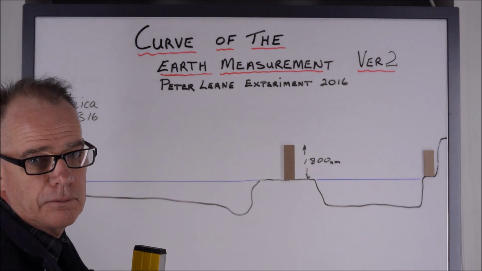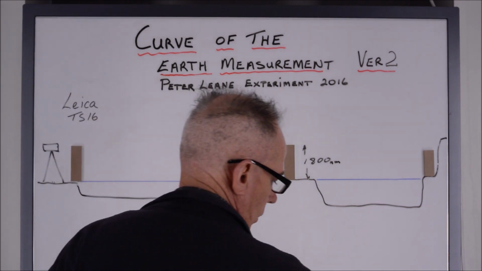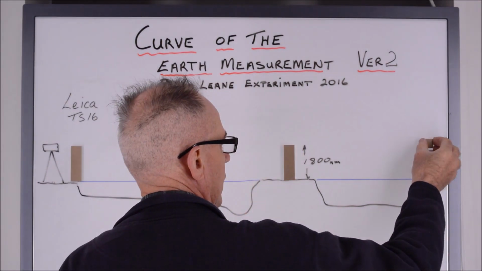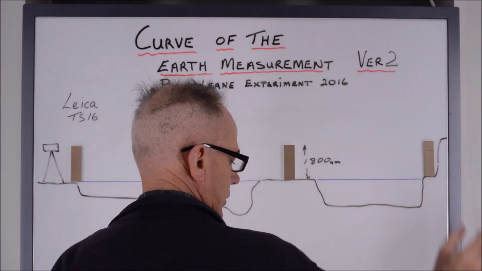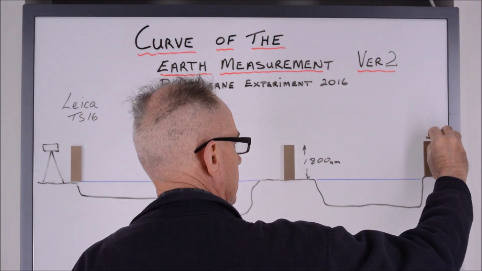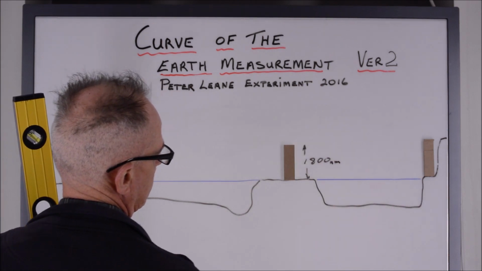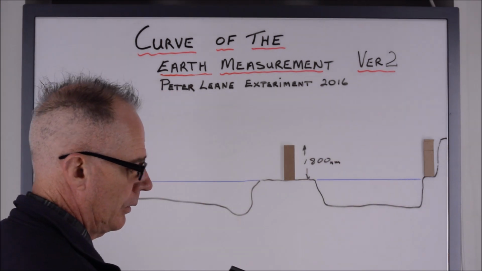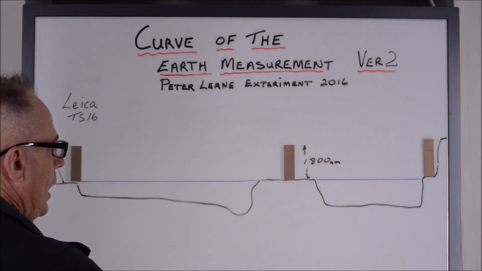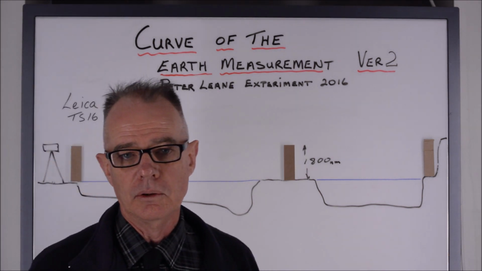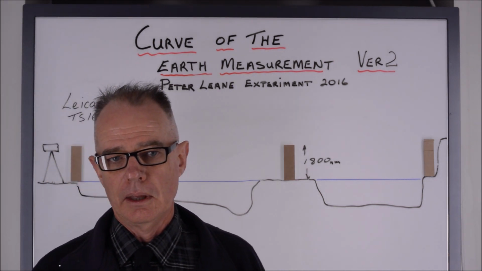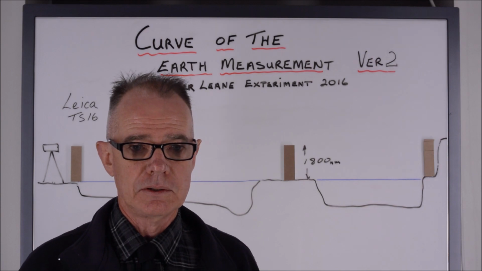If the Earth is convex, we will have to add 50 millimetres plus some extra, to compensate for the curve going the other way. So that's where we got to, and the next video you'll see will be the actual video and photograph evidence.